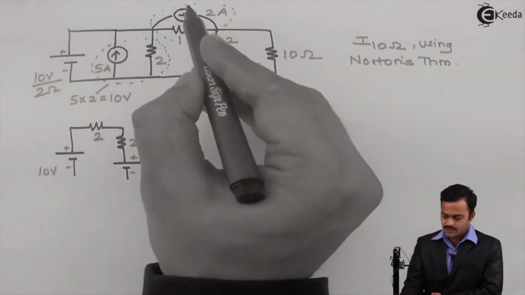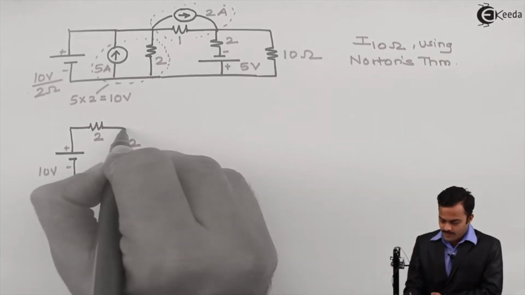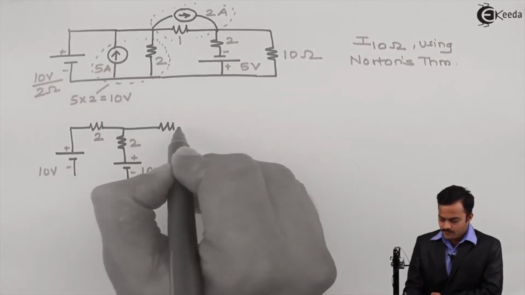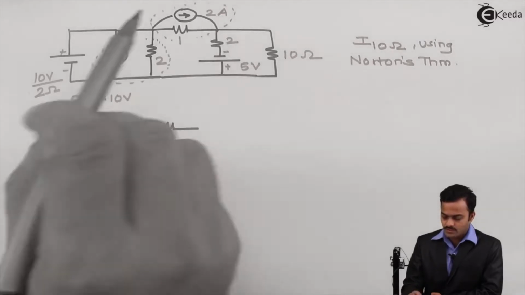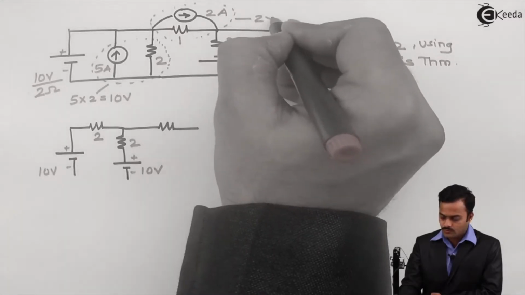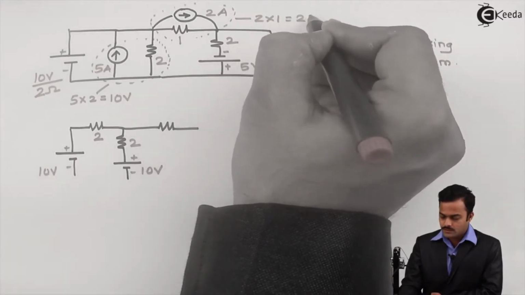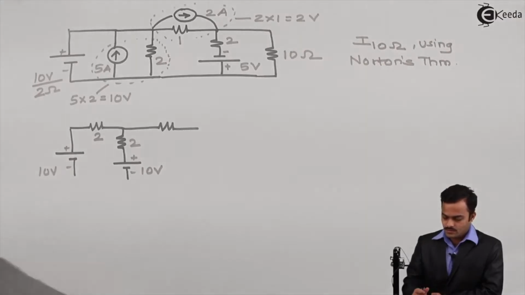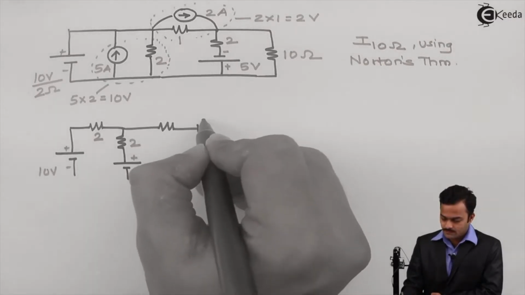Same thing is true for this. I will have a resistance which is 1 ohm in series with a voltage source. In this case, the voltage source will have the value 2 multiplied by 1, which is 2. So it will be like this.